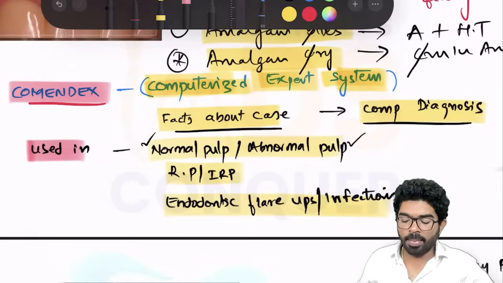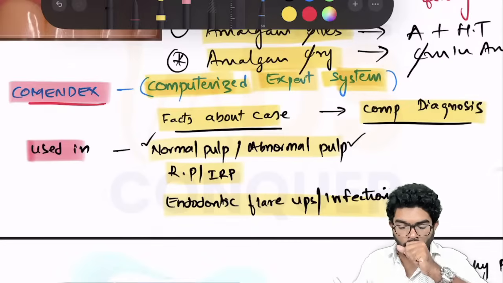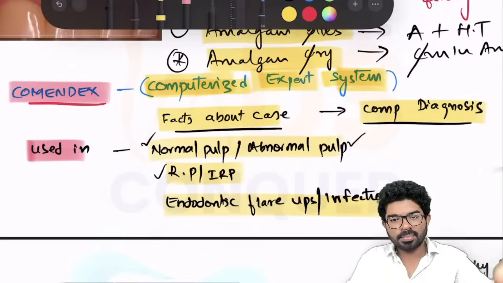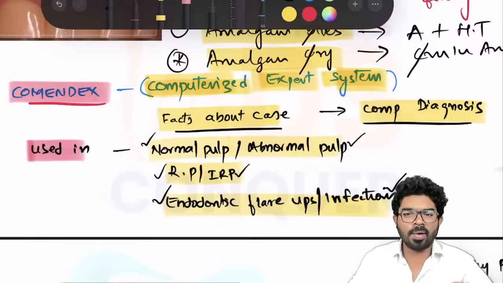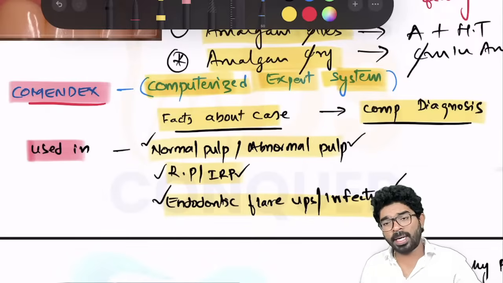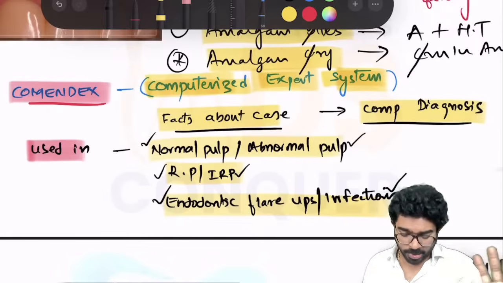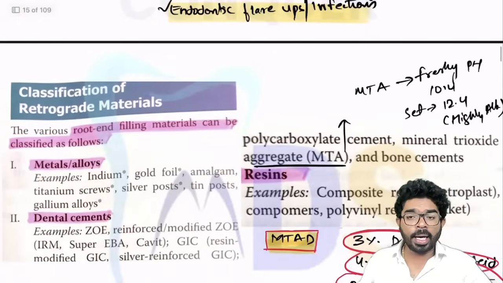Okay, and it can be useful to know the flare-up cases, infections, reversible pulpitis, irreversible pulpitis, endodontic flare-ups, infections, and all these can be diagnosed with the help of this computer expert system in the diagnosis procedure.